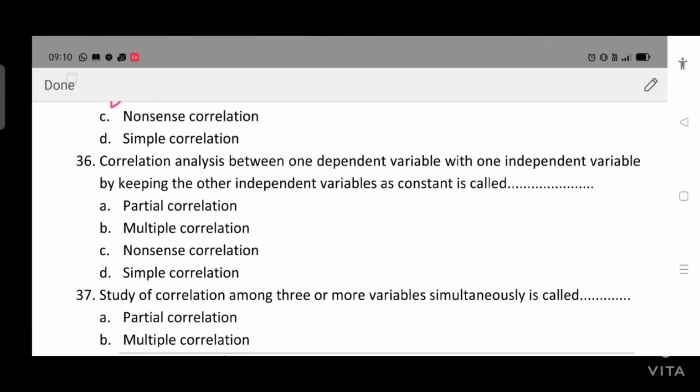The correlation analysis between one dependent variable and one independent variable, keeping the other independent variables constant, is called A, B, C, D. A, partial correlation.